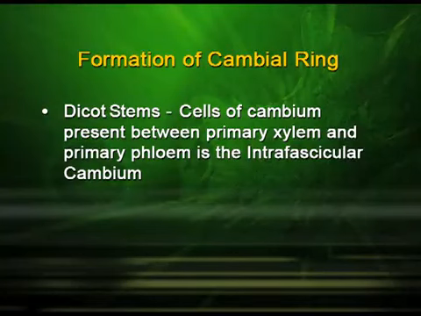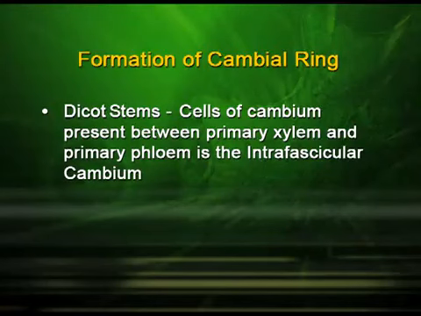In dicot stems, we find the intrafascicular cambium, which are actually the cells of cambium present between primary xylem and primary phloem. Medullary cells adjoining these intrafascicular cambium become meristematic and form the interfascicular cambium, which is the continuous ring of cambia.